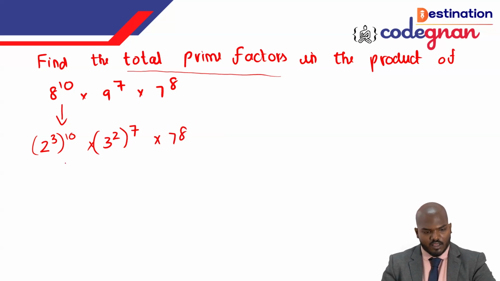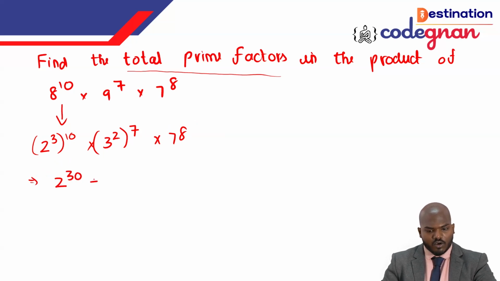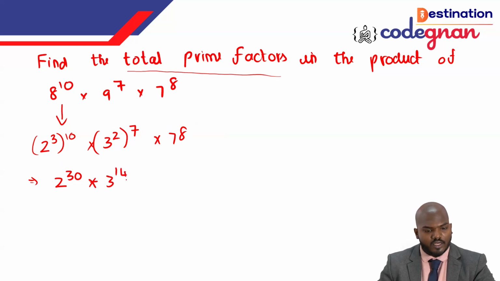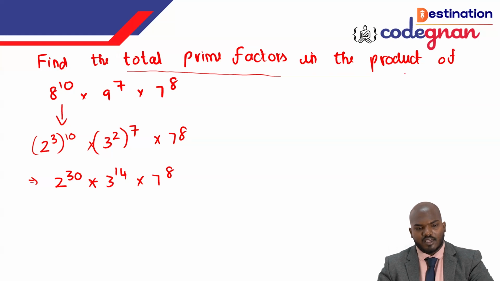What you need to do is make the values equalized now. So that is 2 power 30, then 3 power 14 here, and then 7 power 8. So this is the value I need to get. Now they are asking simply the total prime factors in the product.